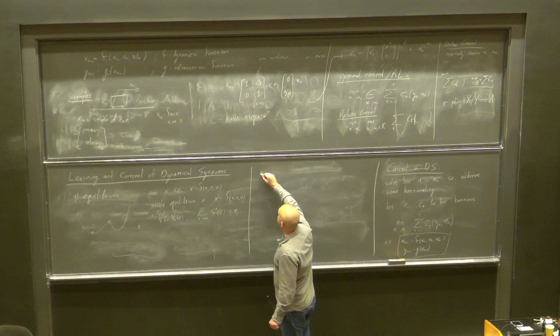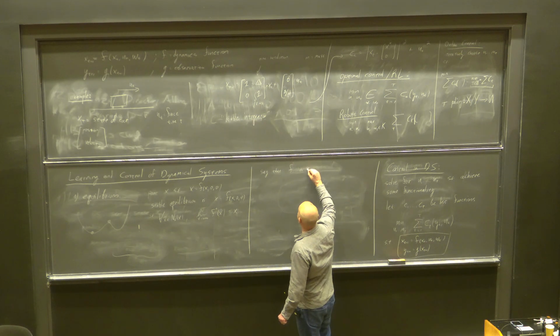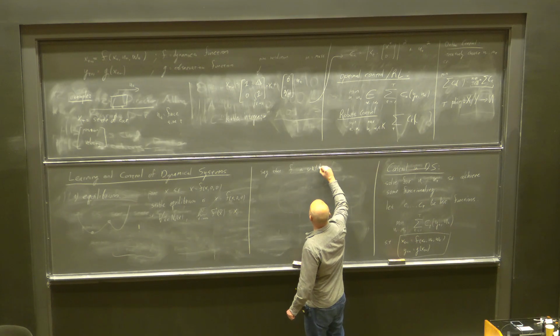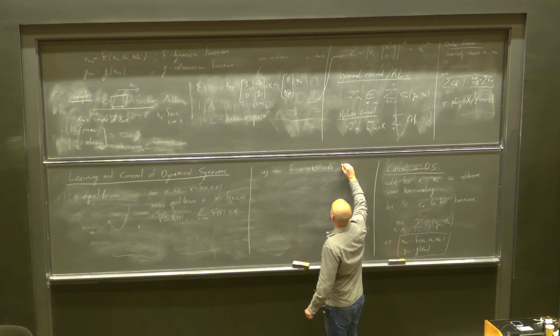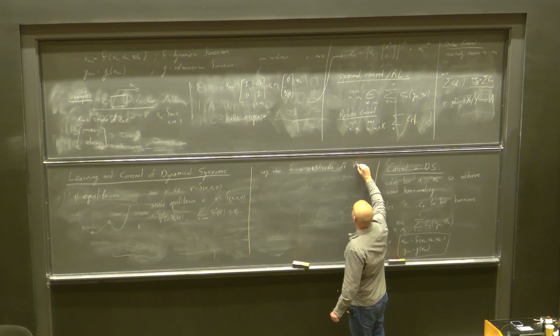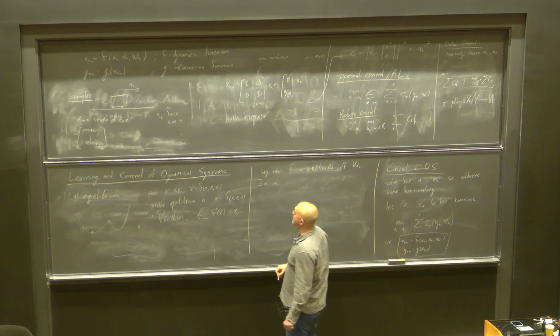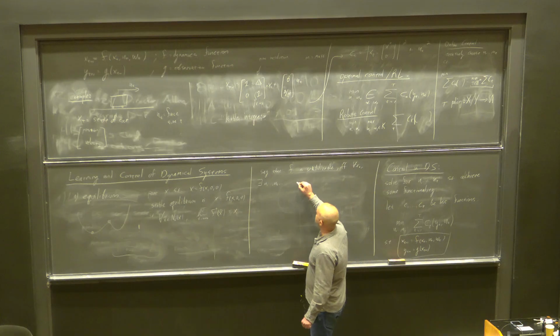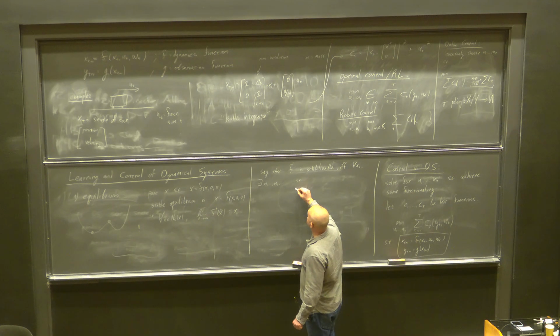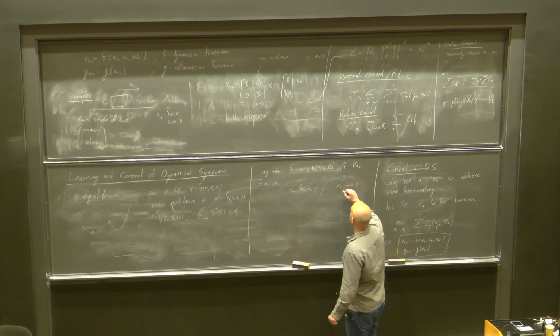So we say that f is stabilizable if for every x0 there exists some sequence of u's, u1 up to ut, such that if I look at x t plus 1 equals f of xt, ut, 0, let's say no noise, then xt approaches 0 as t goes to infinity.